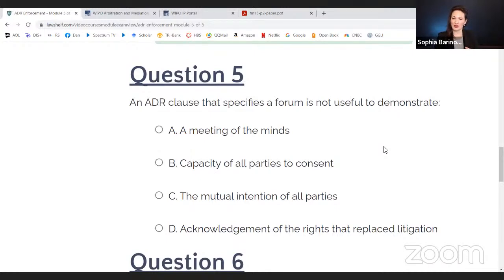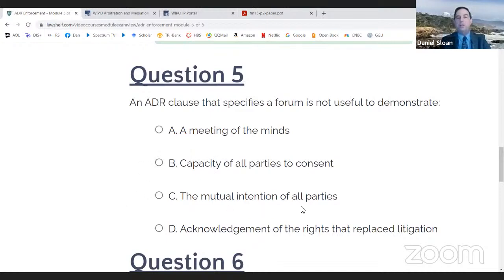To me, they're very close in meaning. Meeting of the minds and mutual intentions of the parties, the word mutual or not. So yes, very, very similar.